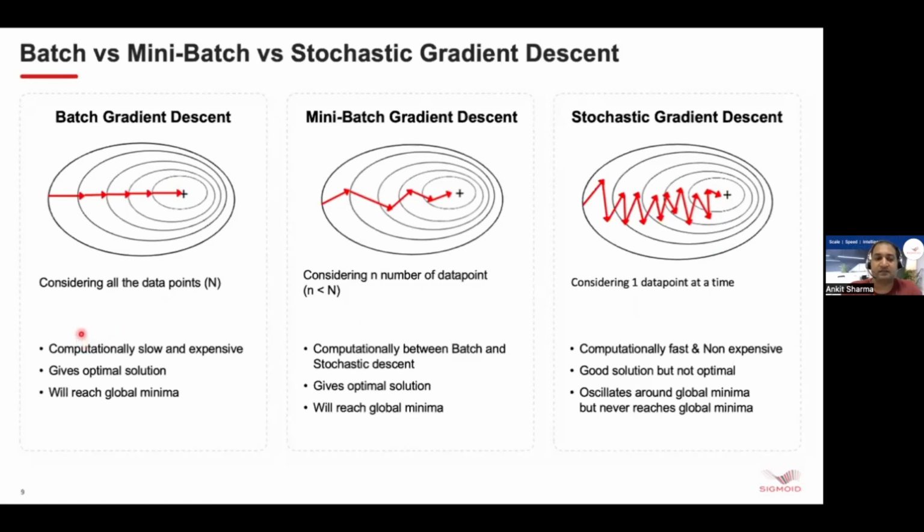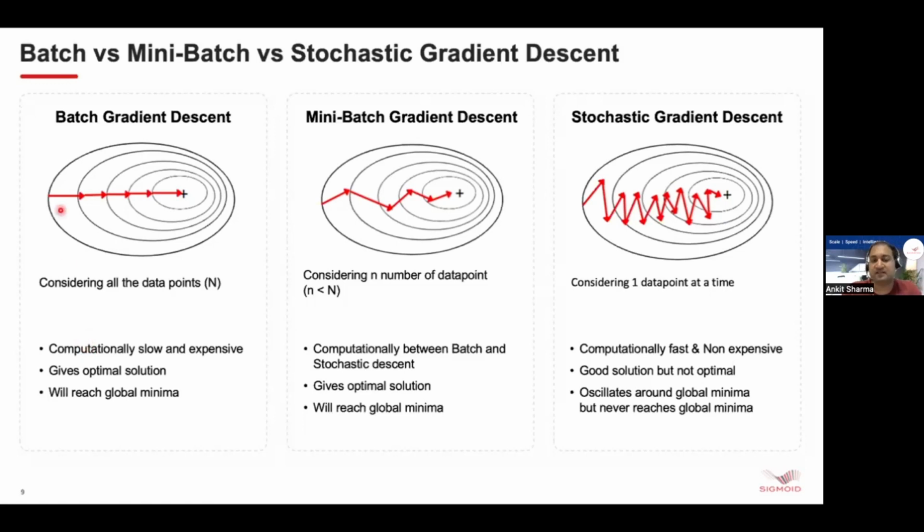As we know, we are going to use all the records in our database, so this algorithm is going to be computationally slow and expensive, right? But the main advantage is that it will always give you the optimal solution, because it will always reach the global minima. That's why it is advisable to use batch gradient descent if you have a small number of records in your database.